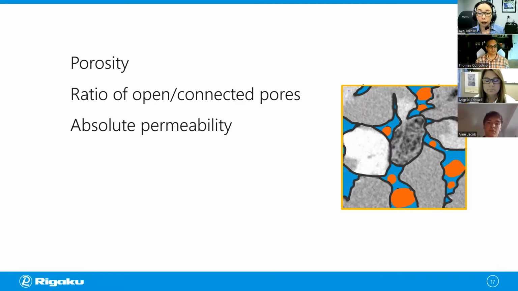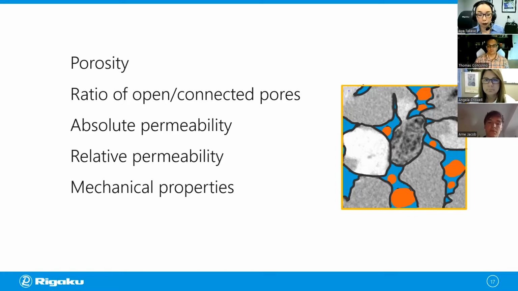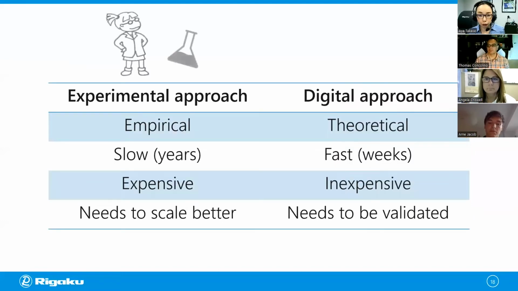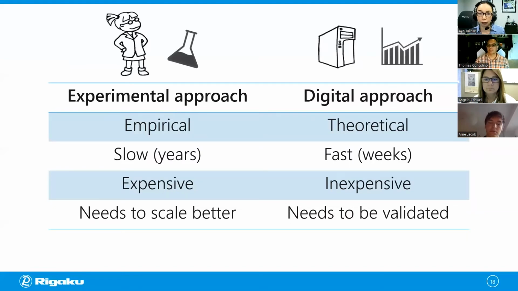And you can also calculate things like absolute permeability, relative permeability, mechanical properties, and formation resistivity characteristics. Now, those parameters or properties can be either experimentally measured or you can digitally calculate them. Those are two different approaches to get to the same parameters.